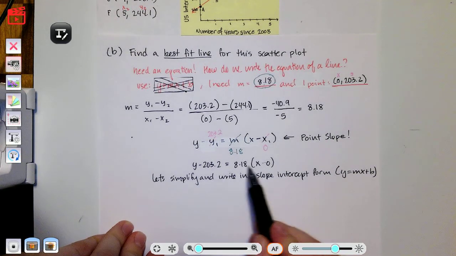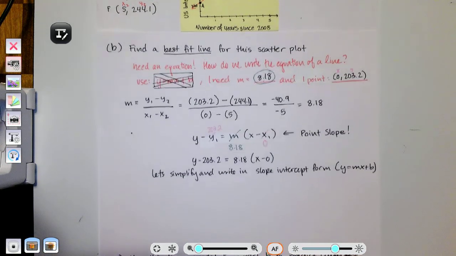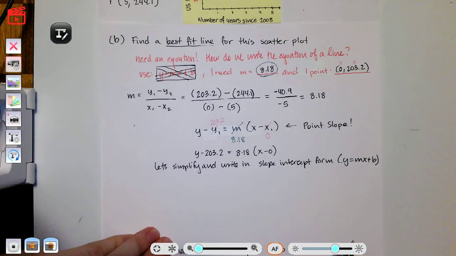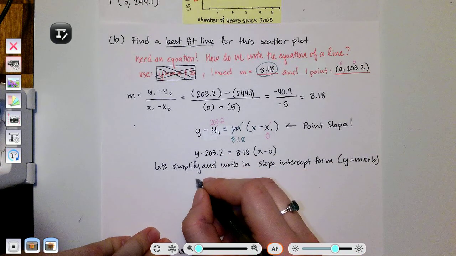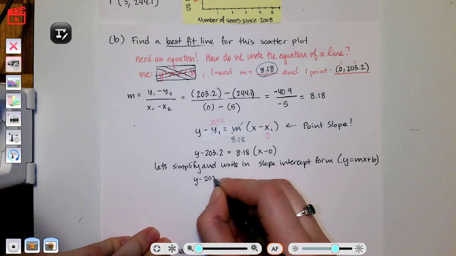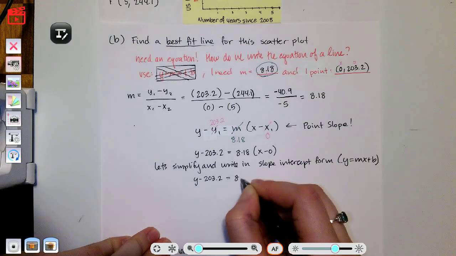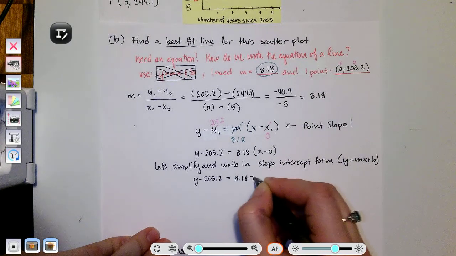Okay, so how would we simplify this? Well, x minus 0, that's just going to be x. So rewriting this, y minus 203.2 equals 8.18 times x.